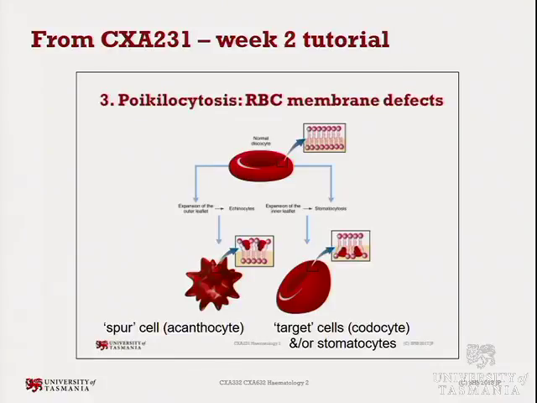And so in liver disease, we get more target cells and stomatocytes, unless it is in end-stage chronic liver disease, which is when we get our spur cell anemia. You may remember that term. We talked about spur cell anemia when we were talking about liver disease.